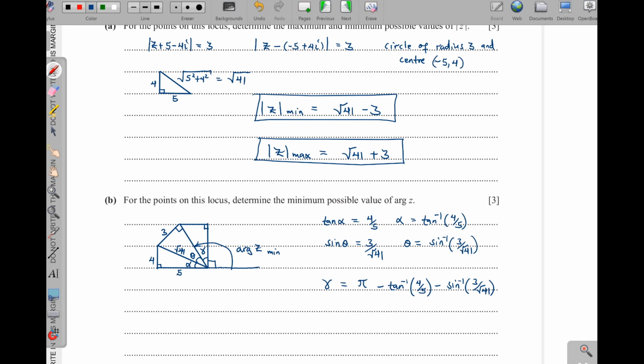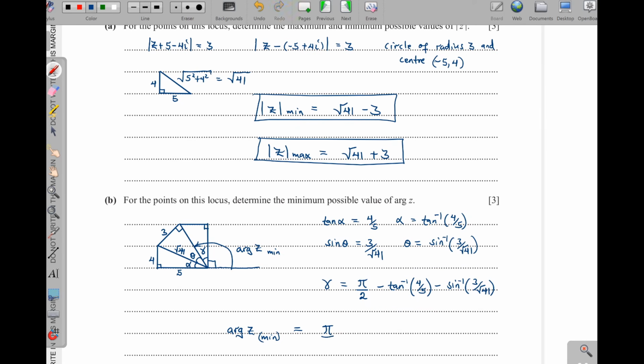By the way, this one is that. So the minimum argument of z then is going to be equal to what we have gotten here, then plus the 90.